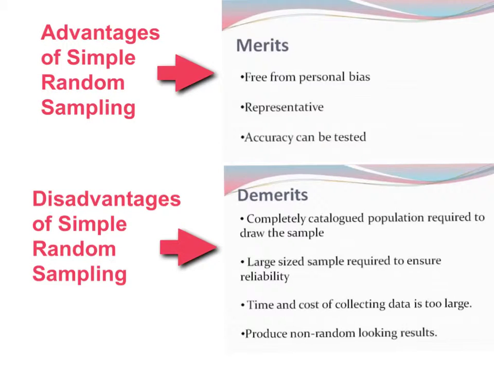There are advantages of simple random sampling, and these are that it is free from personal bias, it is representative of the entire population, and its accuracy can be tested. Some disadvantages of simple random sampling are that if it is a very large population you are surveying, it is tough to completely catalog the entire population to draw that sample.